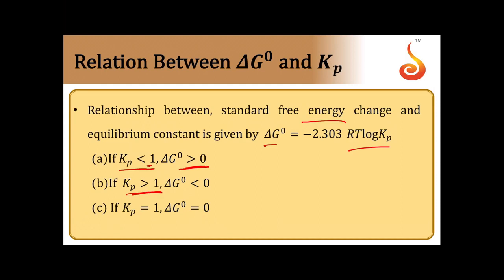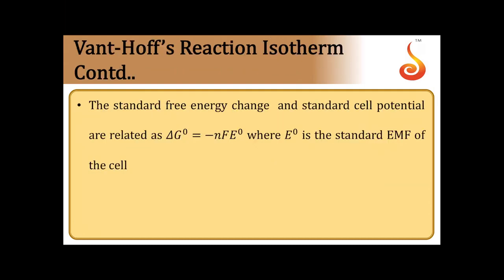And if Kp is more than 1, delta G naught becomes less than 0. This can be known by observing the equation itself. If Kp is equal to 1, then delta G naught will be equal to 0. So the relation between Kp and delta G naught can be known by observing the relation itself.